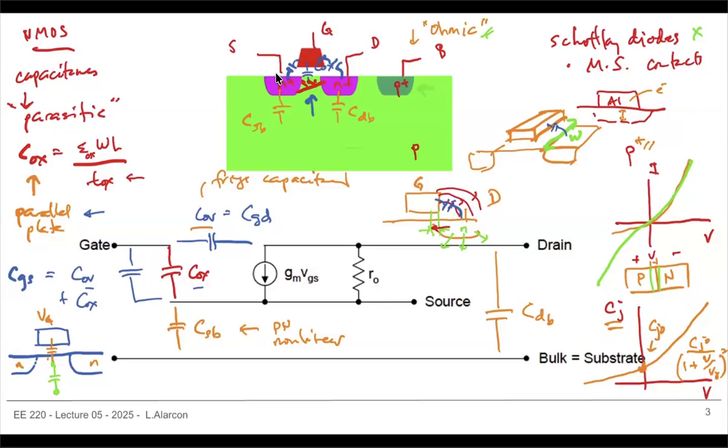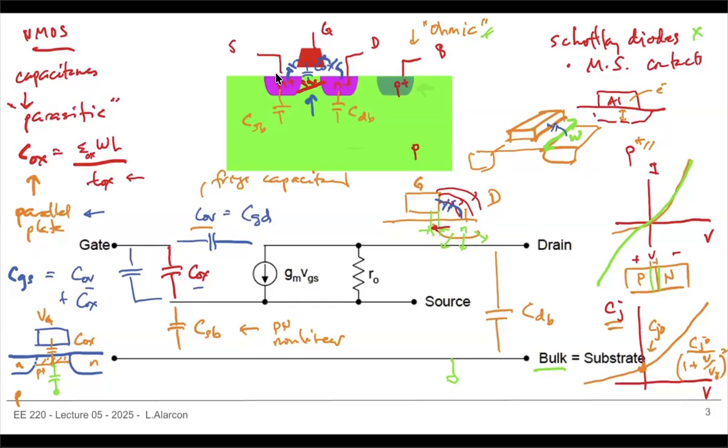Just to make it clear, if I look at it from the bulk, or let's say that's where your ground is, I want to look at the capacitance there. Now, in accumulation, you get a lot of carriers over here. If this is P, you get P plus. Accumulation means I have a very large negative voltage. So that acts like a parallel plate, and the only thing that you have is Cox.